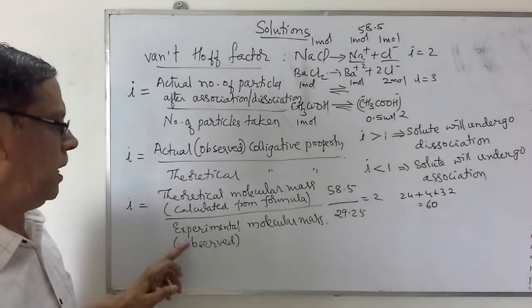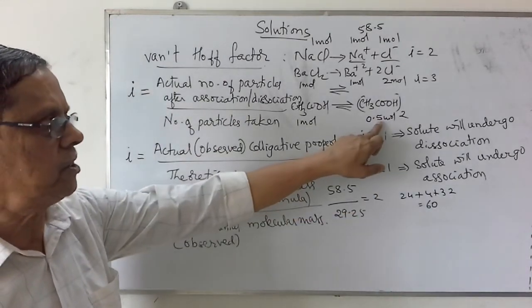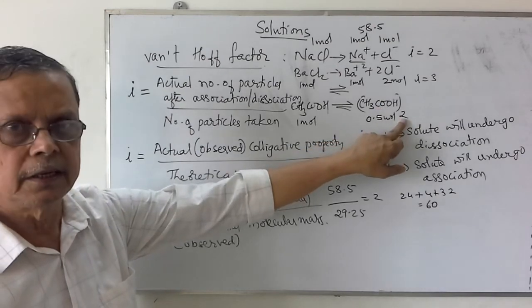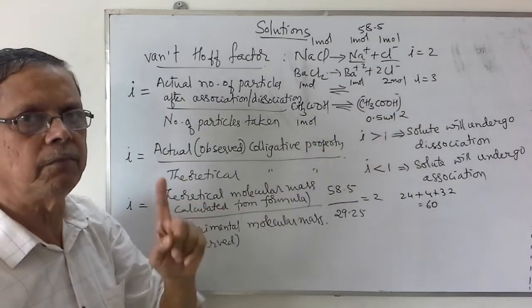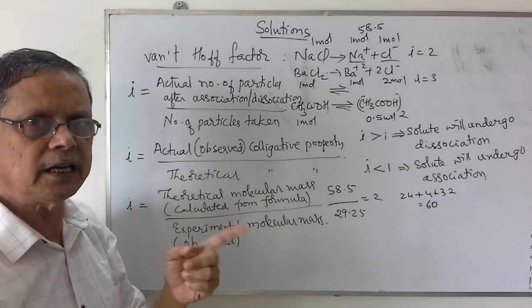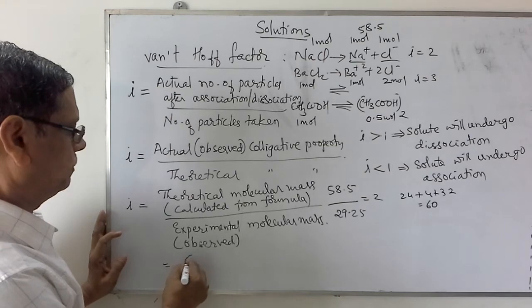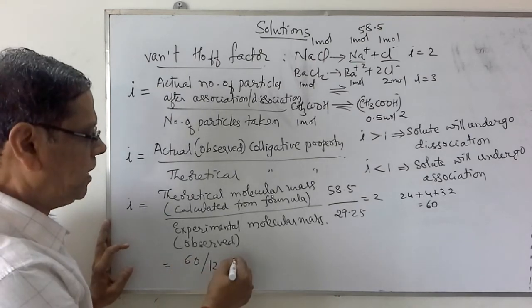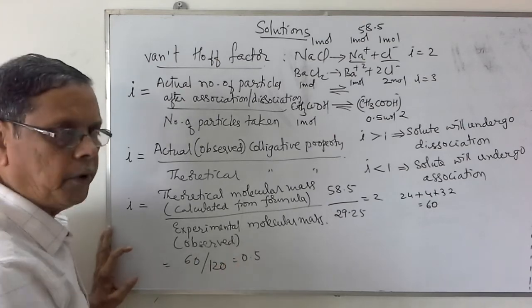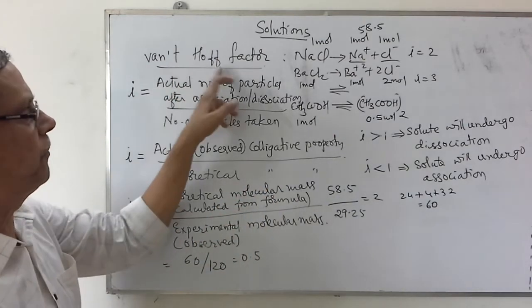But if you determine the molecular mass experimentally, because of the association to form dimers, each dimer will behave as a single unit or single entity. That's why the molecular mass comes out to be 120. Again the Van 't Hoff factor will be 0.5. So this is about the Van 't Hoff factor.